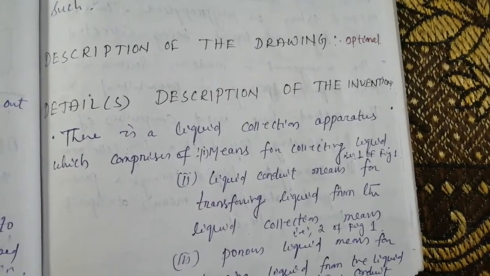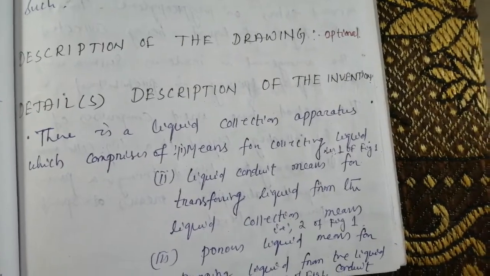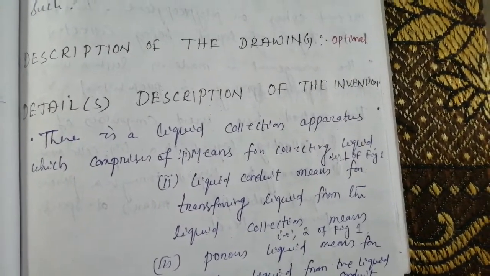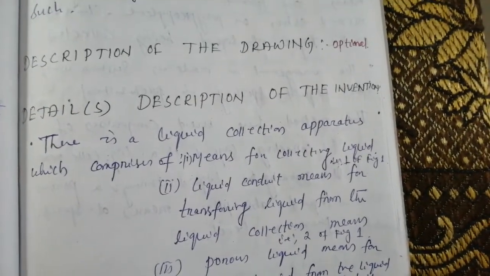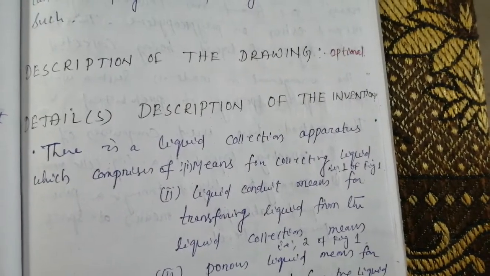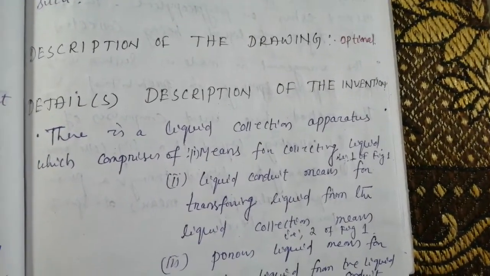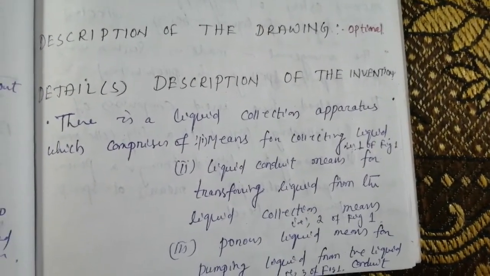There is a liquid collection apparatus which comprises, number 1, means for collecting liquid, that is 1 of figure 1. That means in figure 1 we have already seen 1, 2, 3, 4, 5 names given there. That means indexes are given there, and we have given the names to the digits as well.